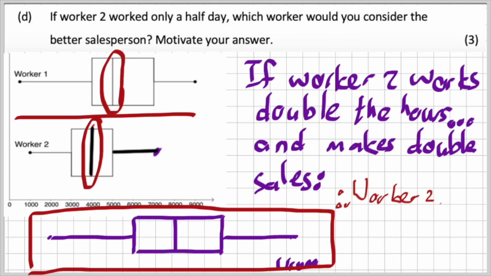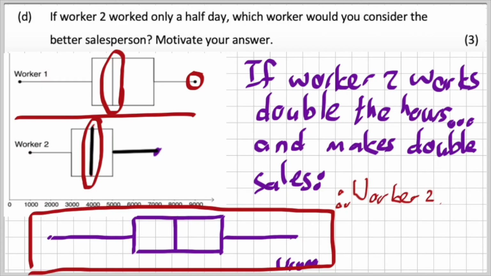Could you argue that worker 1 is the best salesman? Well, you can. You can argue that by, say, looking at the maximum and say, well, worker 1 could be the best because they have the highest sales. You don't know whether worker 2 is actually going to pull in that amount of sales.